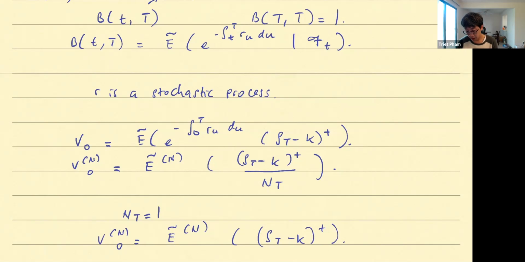But at least the gain seems to be that the interest rate got absorbed into the numeraire, so you don't have to deal with it directly. Is that okay? That's a big advantage, actually. Any question on this?